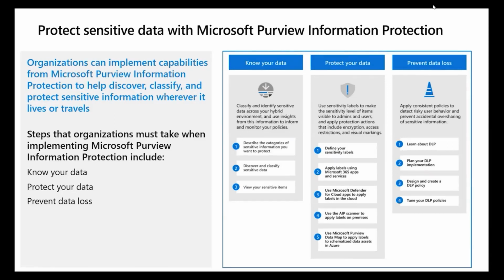But one thing that you have to understand before implementing any kind of information protection or governance policy, the first step is to understand the different kinds of data that you're dealing with.